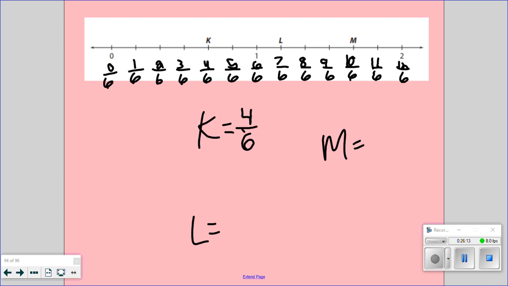Is Mason correct? Yes. Go for it, Marley. Marley, do the value of L. What you got, Marley? 7/6. 7/6. That'll work. Cole, can you do the value of M?